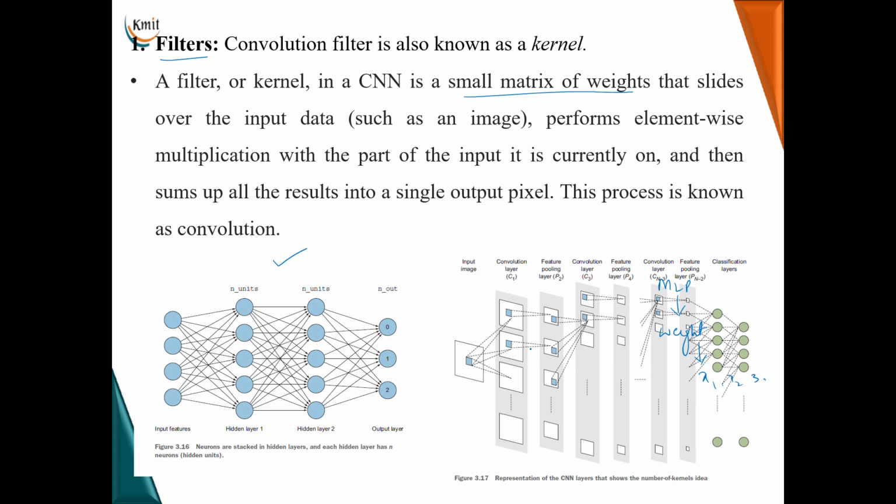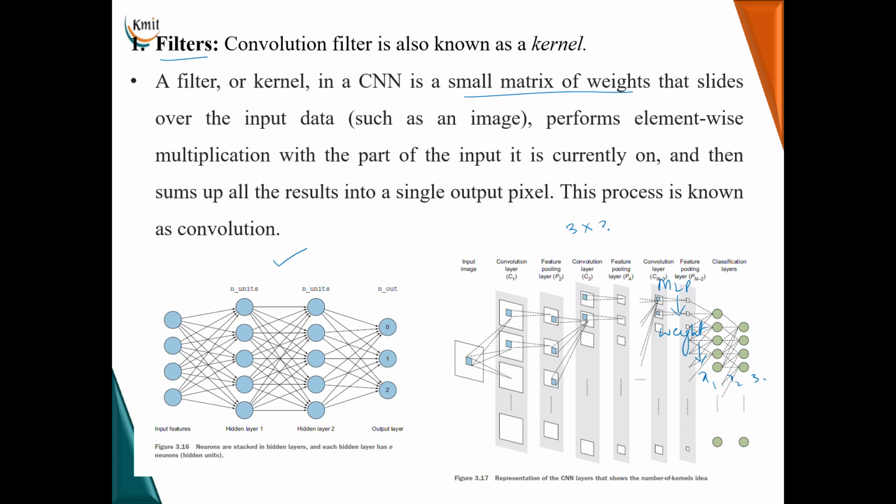We have convolutional layers, and the hidden layers are replaced by convolutional layers in CNN. To increase the number of neurons in the hidden layers, we increase the number of kernels in the convolutional layers, and each kernel unit is considered as a neuron.